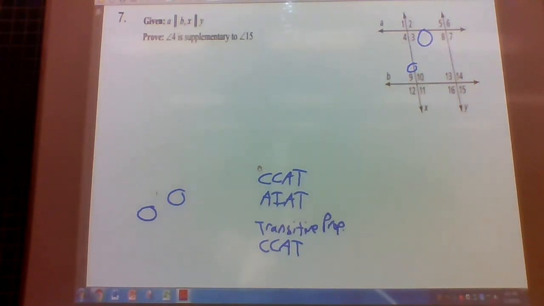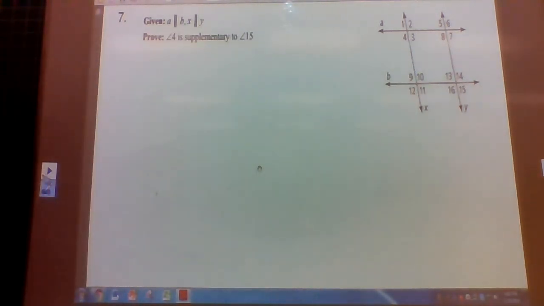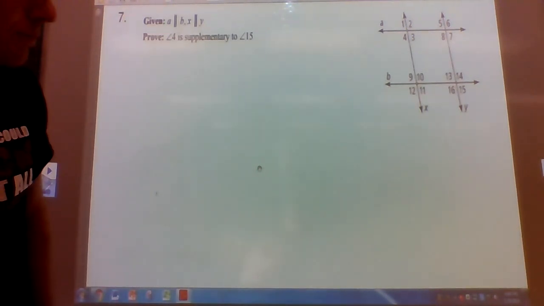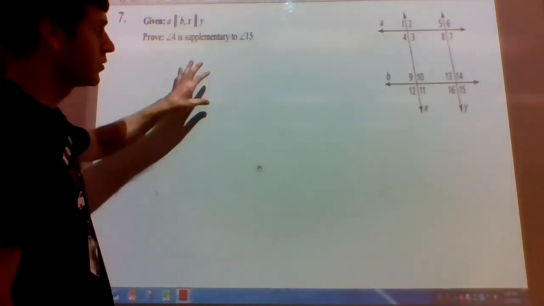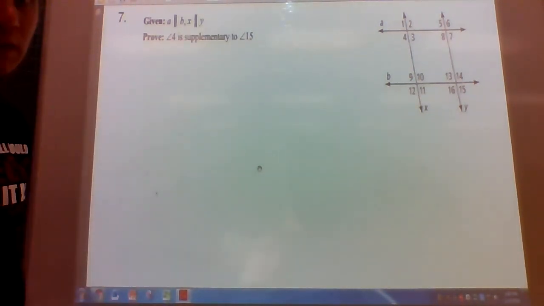Okay, 7. Given that A is parallel to B and X is parallel to Y, so as an added bonus, if you guys take the time to actually watch the videos, the two level 4 proofs, one will look like this, except instead of just in general, it'll have an angle measure like it did on the quiz.